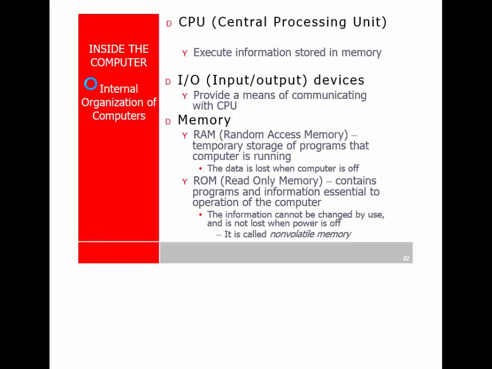When the computer is designed, there's a chip on there that contains the basic firmware, and you'll hear the term firmware used a lot in this class. Firmware contains what the computer is supposed to do when you turn it on.